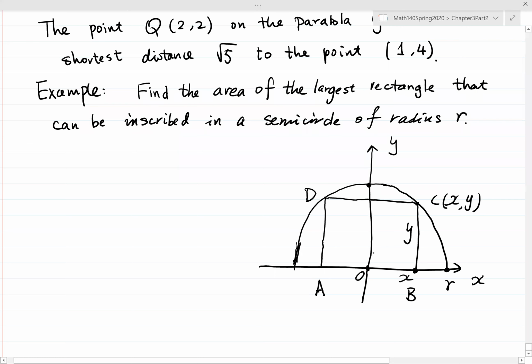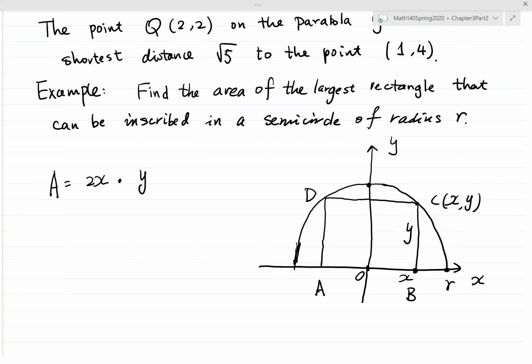So we find the area formula. Area is length times width. Area A is 2x, the length AB, times BC, the width, which is y. So here we have two variables, x and y. Remember, when we have a two-variable function, usually we substitute one variable so that we get a one-variable function.